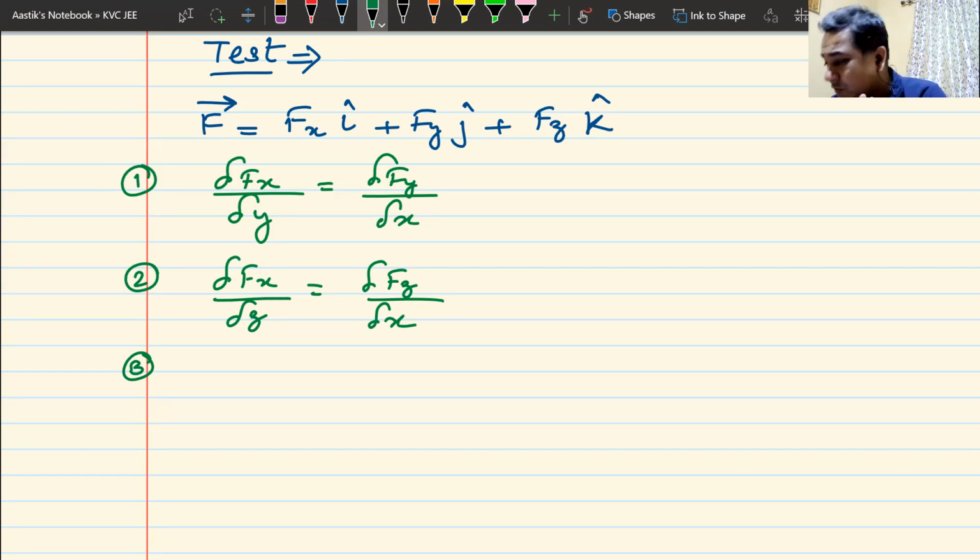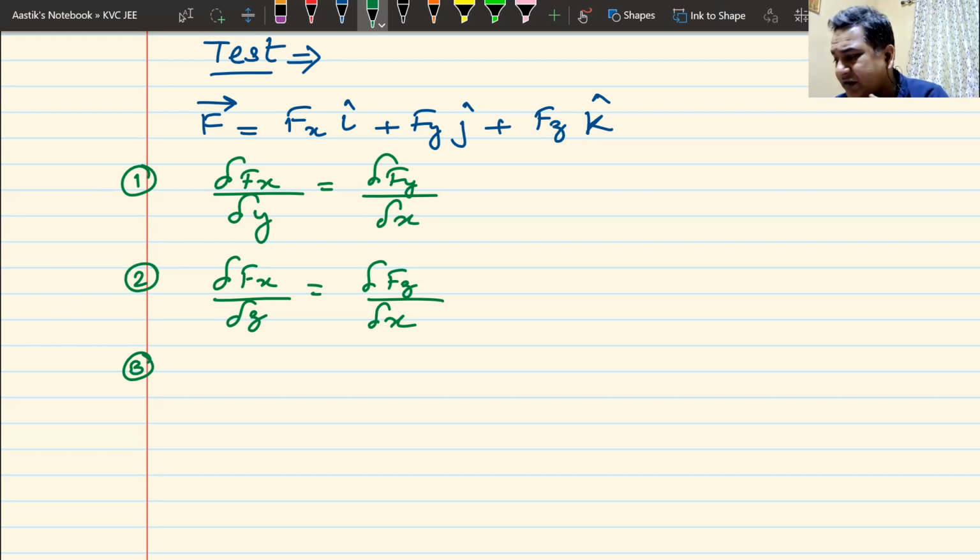I've given you the two conditions, putting some common sense. Can you tell me what would be the third condition? Anyone in the class? I hope I'm audible and visible to all of you. Look at the pattern.